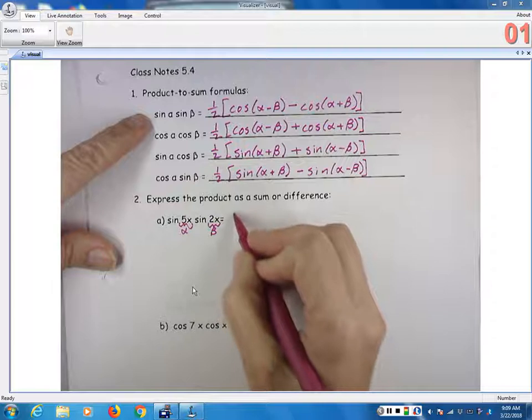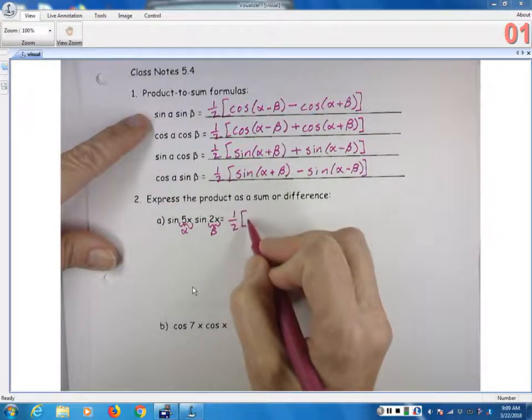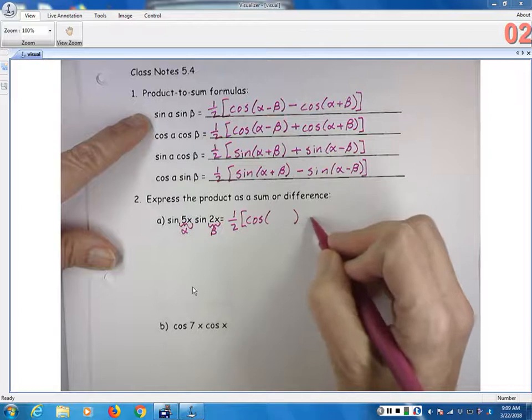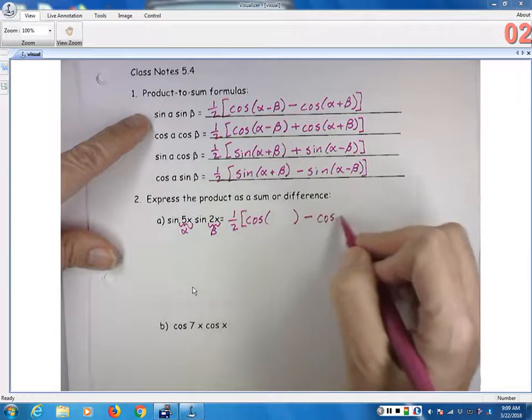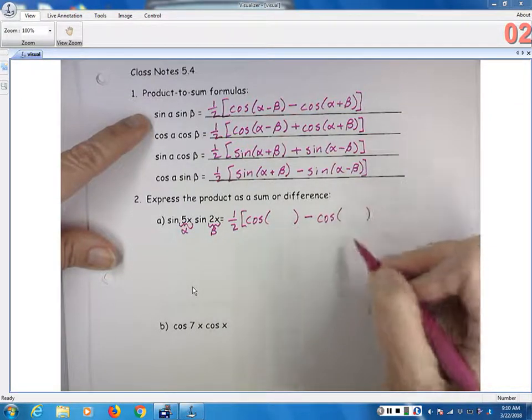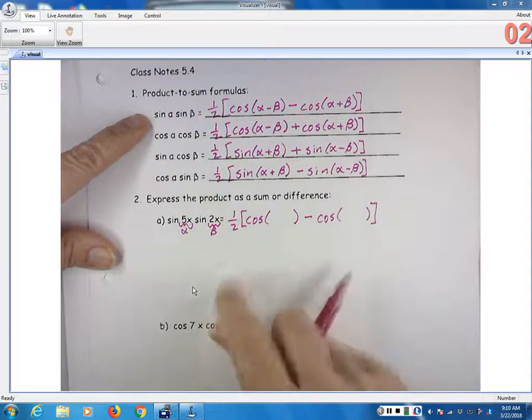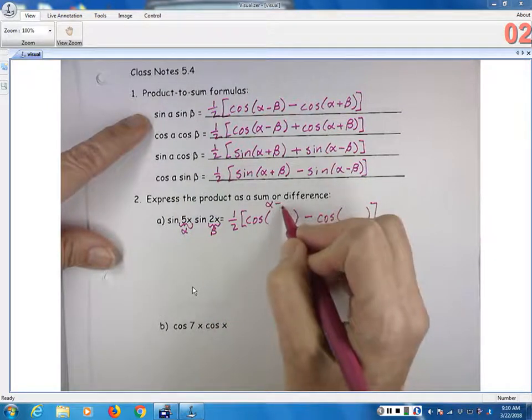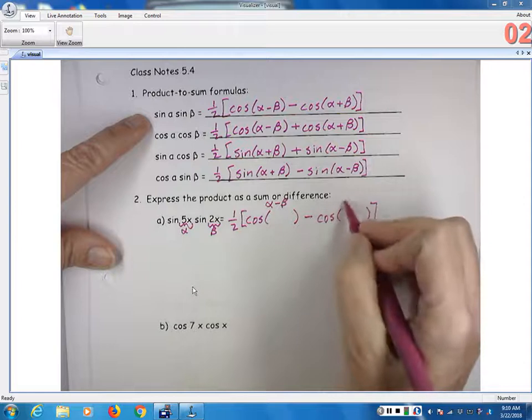It's going to be 1/2 cosine, and I'll fill that in, minus cosine. So this first one was alpha minus beta. The second one was alpha plus beta.